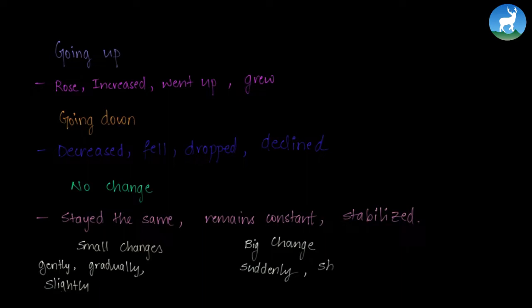Or you can say sharply the number of students are growing. You can say steeply, or you can also use dramatically. So this is a list of vocabulary that might be useful to you.